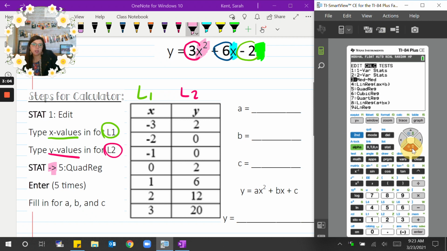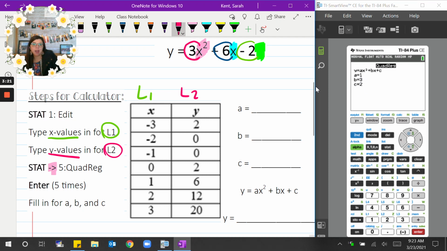I'll press Enter, and then I'll press Enter, Enter, Enter, Enter. You can see here it gives me A, B, C. So A is 1, B is 3, and C is 2.